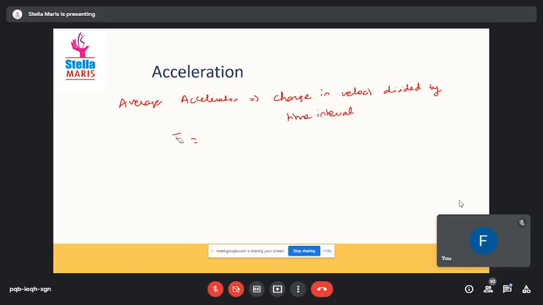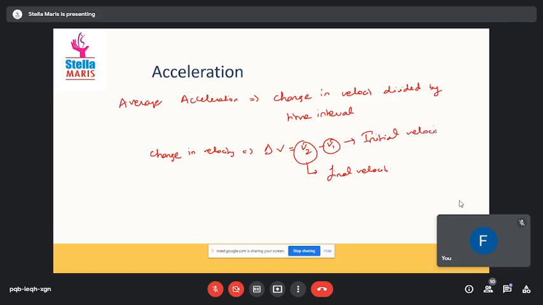Change in velocity is nothing but del V. V is velocity, del implies change. So del V is equal to V2 minus V1. V2 is the final velocity, V1 is the initial velocity.